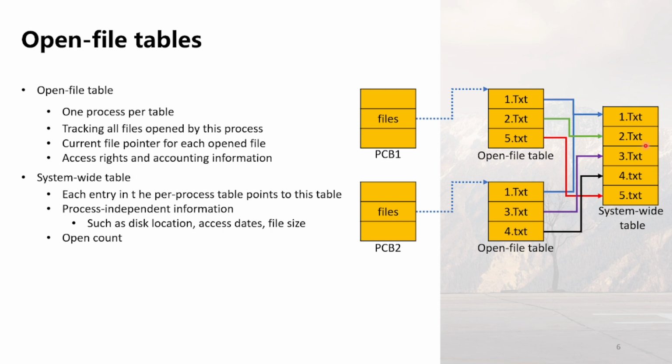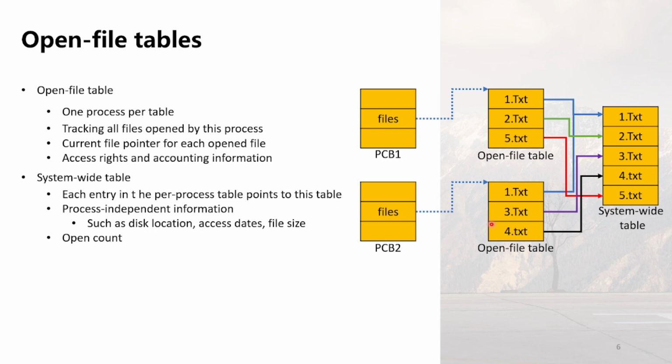The system-wide table contains entries that each entry in the per-process open file table points to. It includes process-independent information, such as the disk location of the file, access dates, and the size of the file. Moreover, it also maintains an open count, which is the number of times a file is opened.